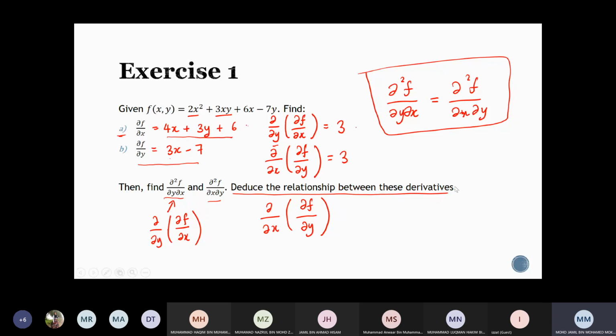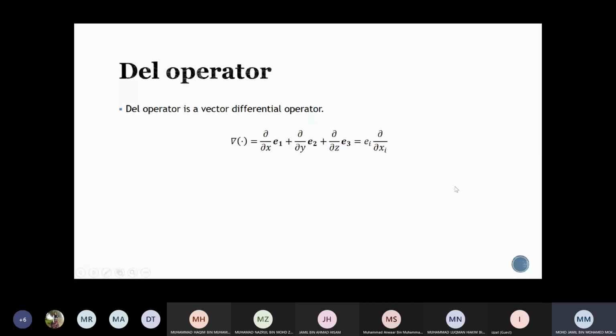Now let's look at the application of partial derivative in vector and also tensor. In vector and tensor, we have the term del operator. The del operator is represented by this triangle symbol, and it's a vector.